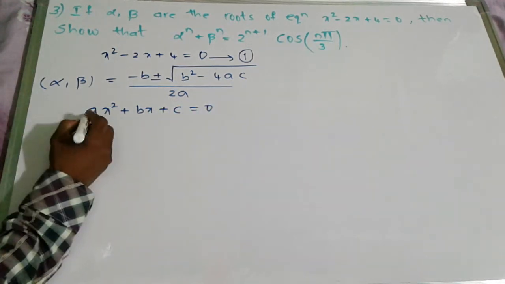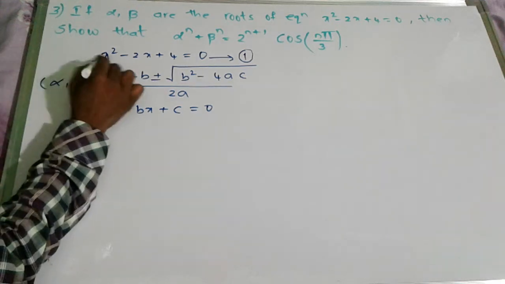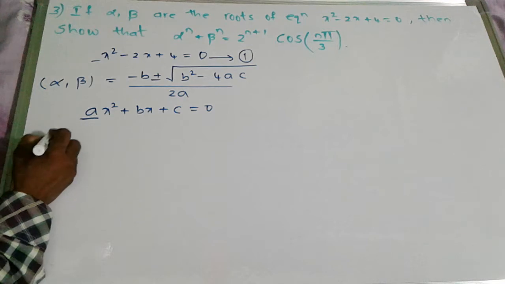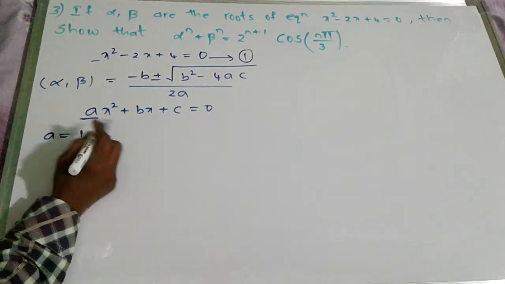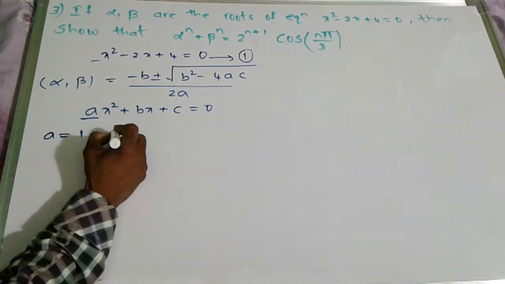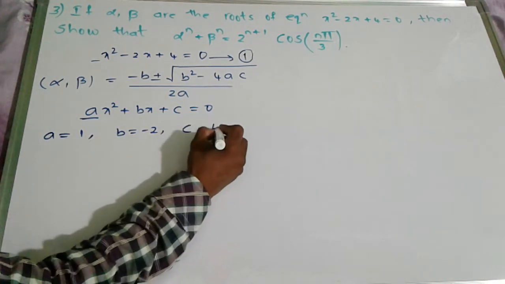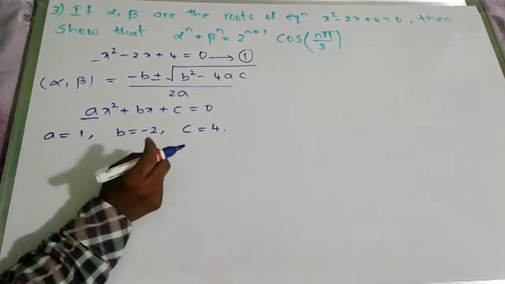So we have a value as 1 here because the coefficient of x square is 1. So a equals 1, and similarly b equals minus 2, and c equals 4.